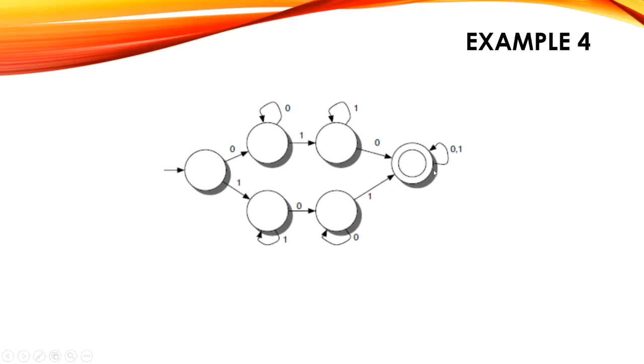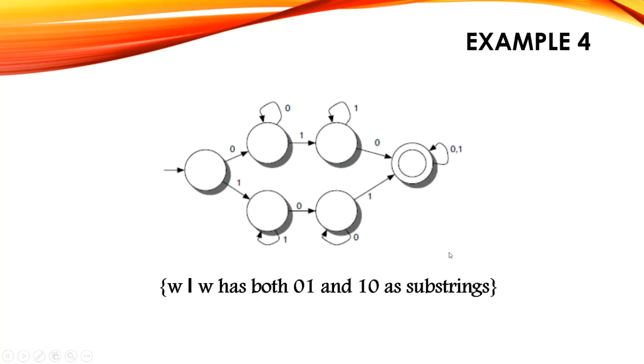So based on that analysis, the string should have 01 and 10 as substrings so that it will be accepted. If not, it is rejected. 0, 1, 1, 0 goes to the final state. Also 1, 0, 0, 1 goes to the final state.